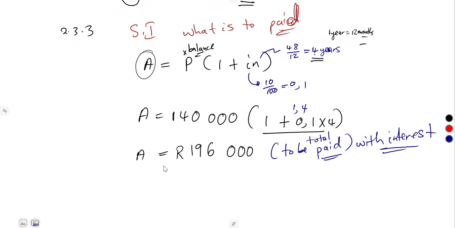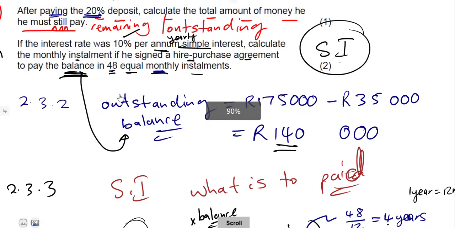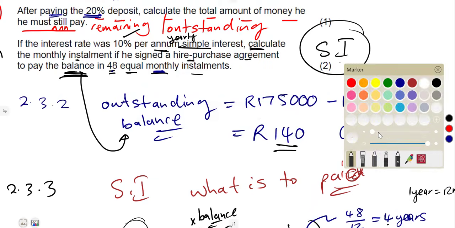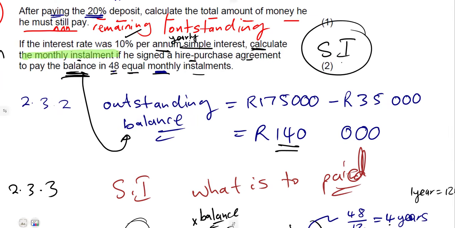But this is not our question. The question is, what is he going to pay actually monthly? We are supposed to calculate the monthly installment here. In these 48 equal months that we talked about, which is 4 years, but now we must consider 48 equal months.